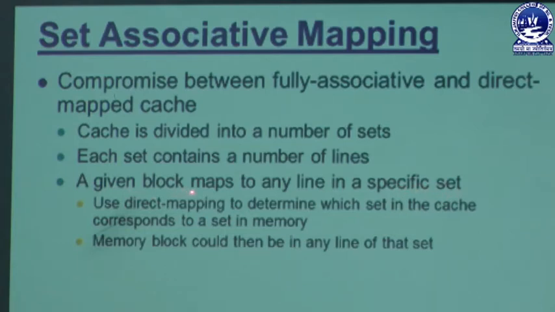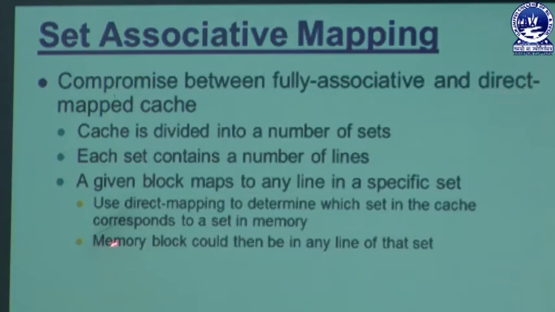Here we do not map the given block to a specific line, but we map a given block to a specific set, and if a set contains 4 or 8 lines, then the given block can be assigned to any line in the set, either line 0, line 1, line 2, line 3, and so on. This is the associative mapping concept, but the set concept is implemented using direct mapping.